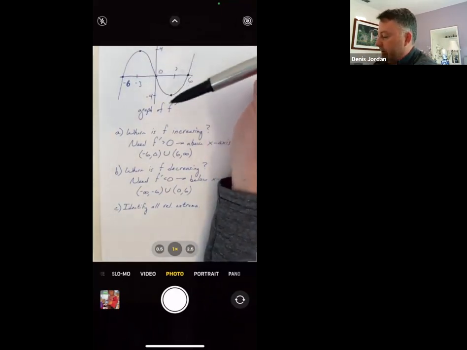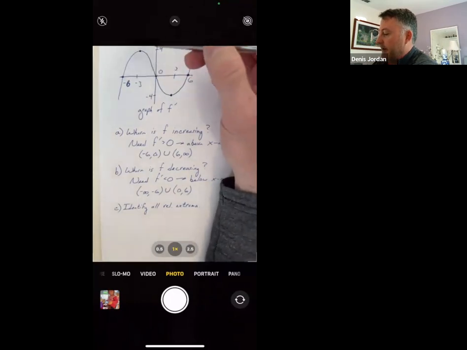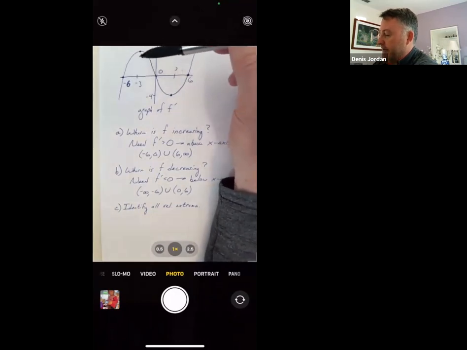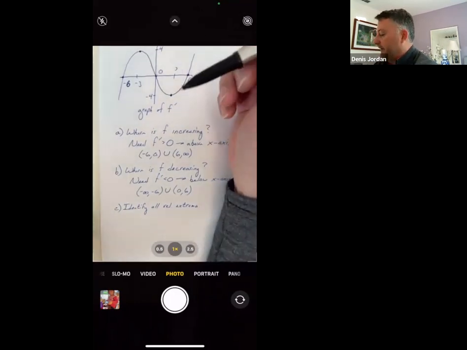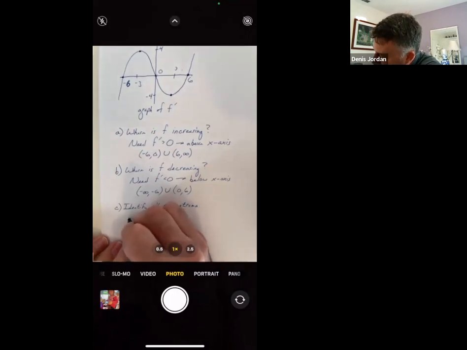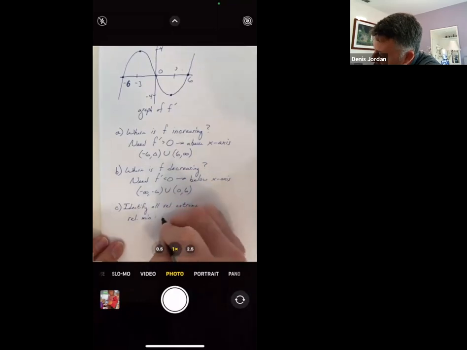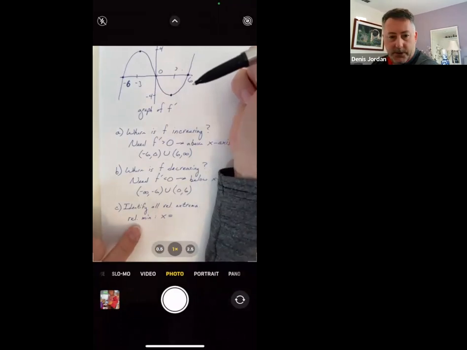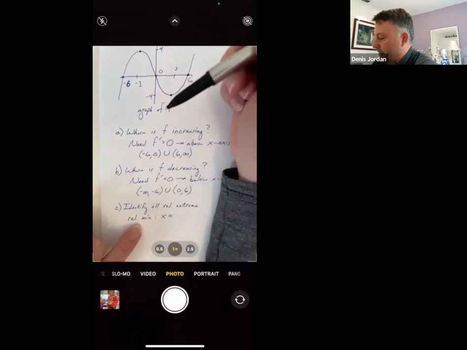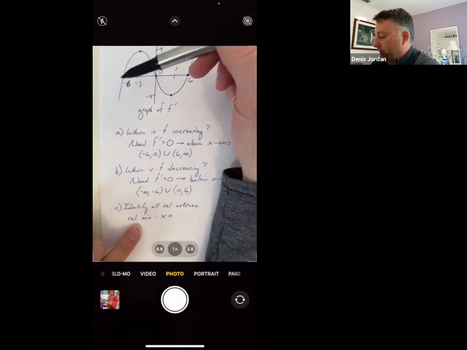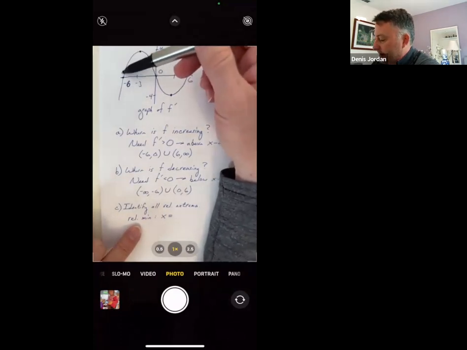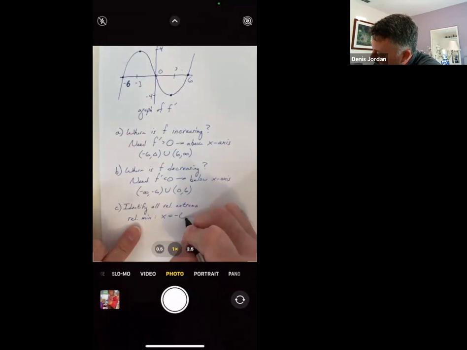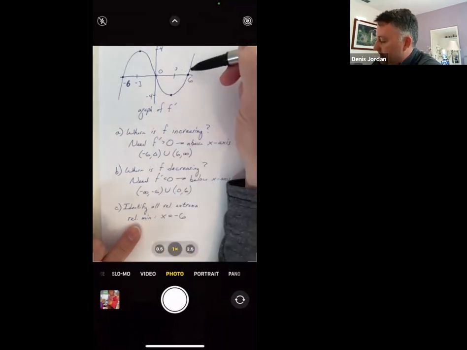But when you translate to a graph, that means it's switching from below to above the x-axis or from above to below. So your relative mins are where it switches from minus to plus, or from below to above. That happens at -6 and then again at 6.